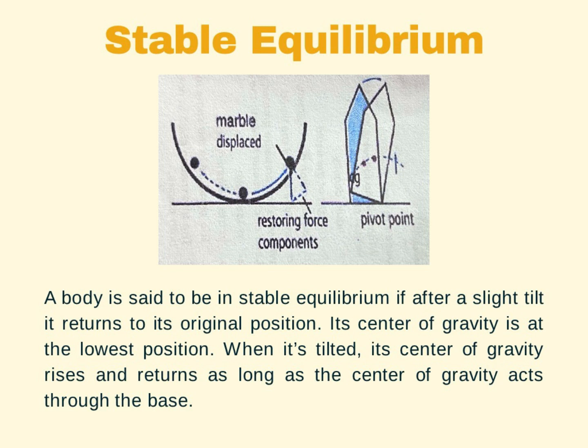As shown in the figure, the marble in the bowl returns to the bottom after being displaced from its equilibrium position. It is similar to the pencil that can stand upright on its flat end, and this object is said to be in stable equilibrium, wherein any small displacement from an equilibrium position results in a force that tends to return the object to its original position.